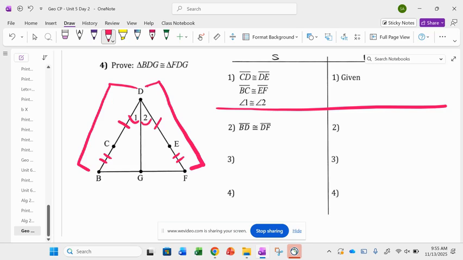And we just have to write down the reason why. Who thinks they know why based on our markings? Why BD is congruent to DF? Not Stella or Leilani. Noah. Addition, excellent.